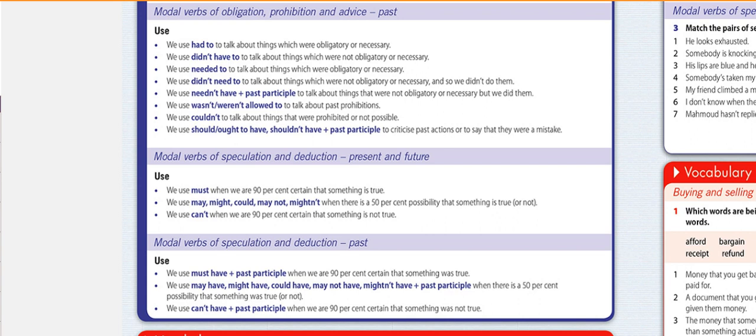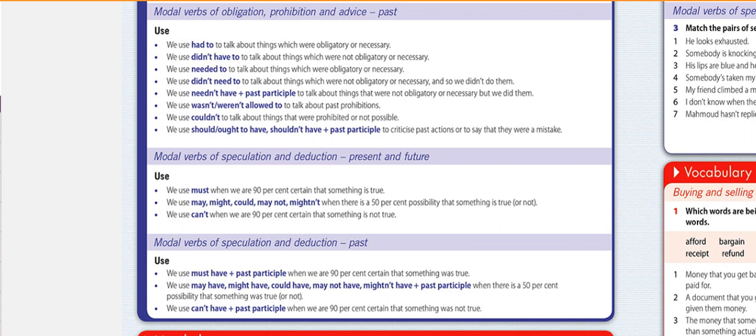But when we use modal verbs of speculation and deduction in the past, must will be must have plus past participle. So we use must have plus past participle or verb 3 when we are 90% certain that something was true.